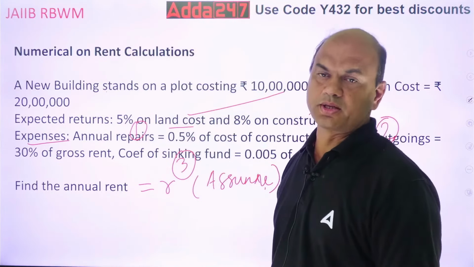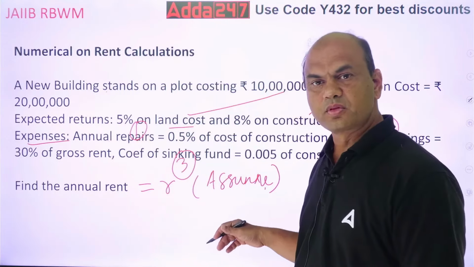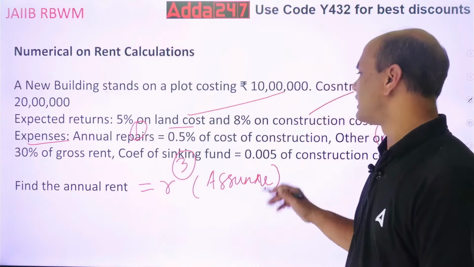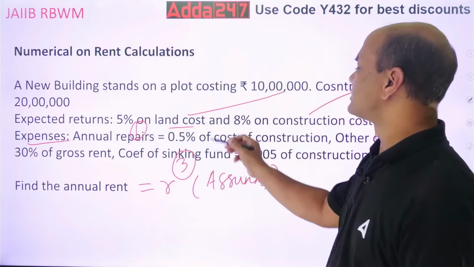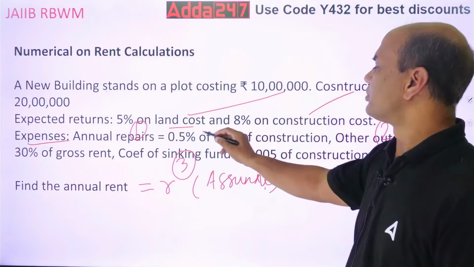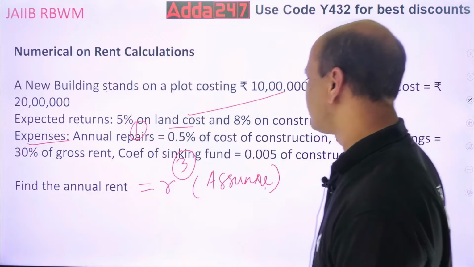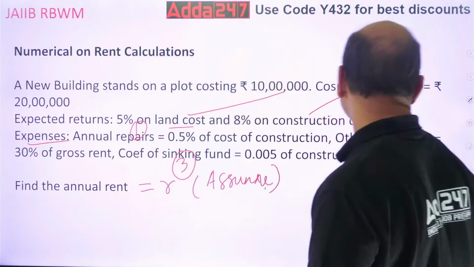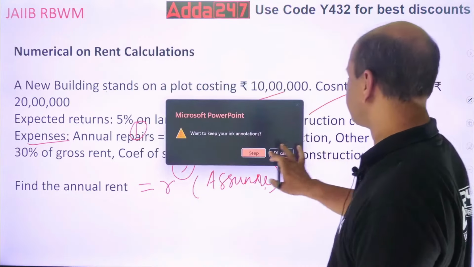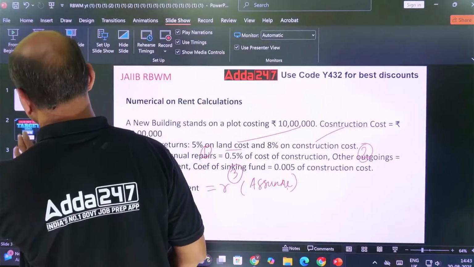It won't fit here, so let's write it on the next page. Annual repairs is 0.5% of the cost of construction, so 0.5% into 20 lakhs. One sec, let me bring on a new slide.